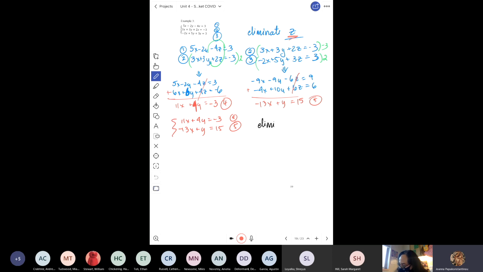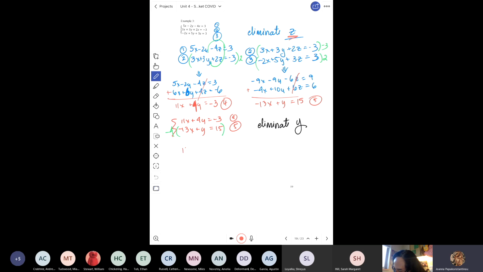Okay, we'll eliminate y. So to eliminate y, what do I have to do to one or more of these equations? Okay, so I'm multiplying the second equation by 4. So let me rewrite my system.